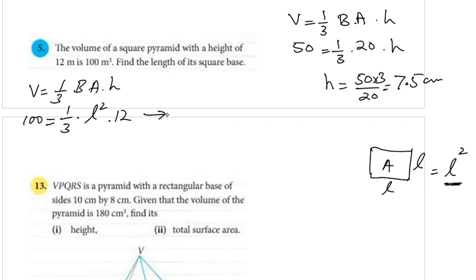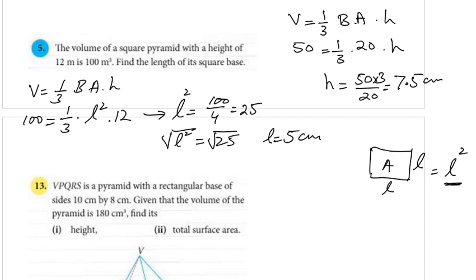So to solve this, we can make the L square the subject of the formula, or isolate it on one side and shift all the values to the other side. We get 100 divided by 4, and it will be 25. As L square is equal to 25, taking square root on both sides, we get square root of 25, and length of this base is equal to 5 centimeters.